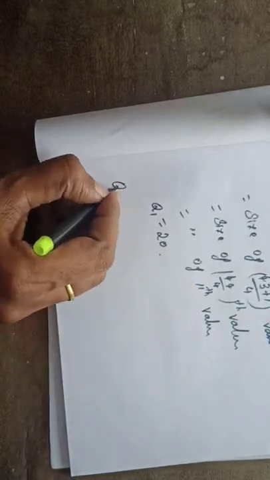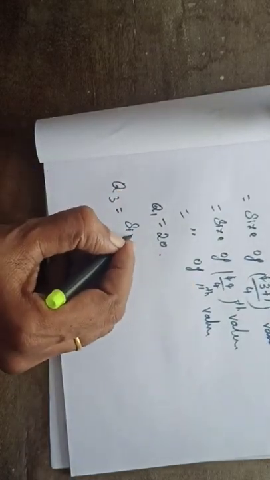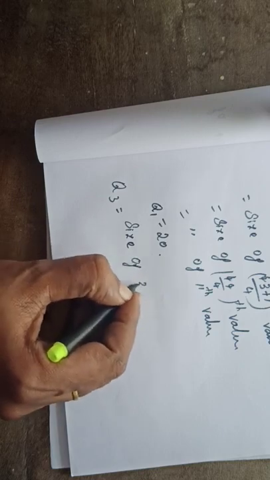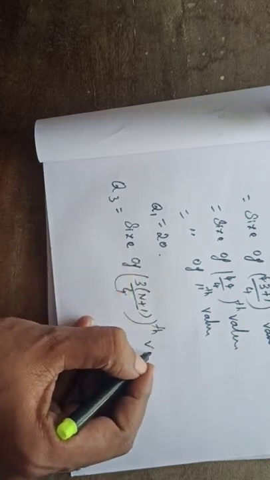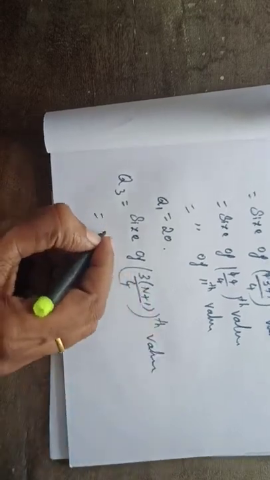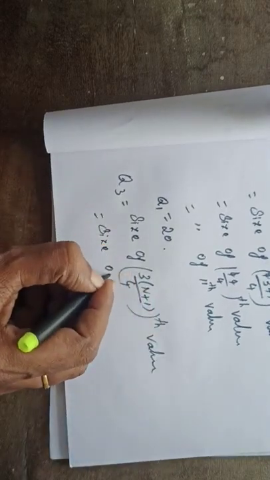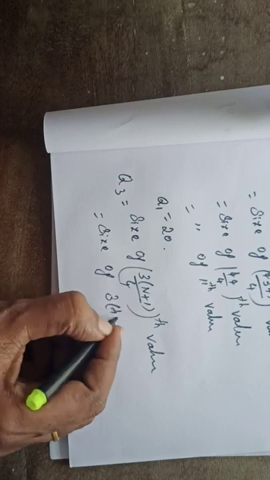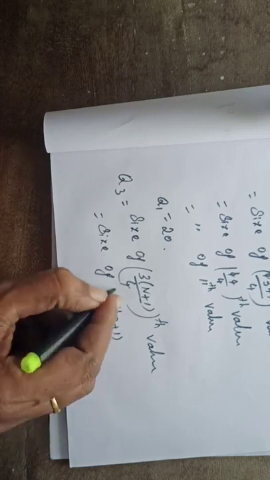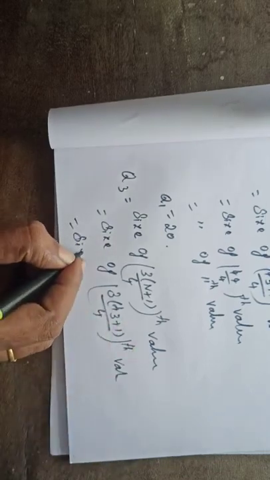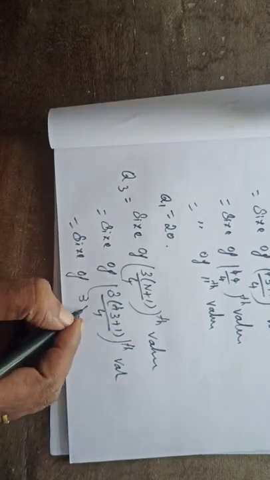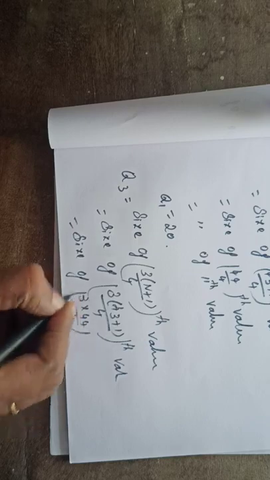Understand? Then Q3 equal to, what's the formula? Size of 3 into N plus 1 by fourth value. That's equal to size of 3 into 43 plus 1 by fourth value. So what will you get? Size of 3 into 44 by fourth value.